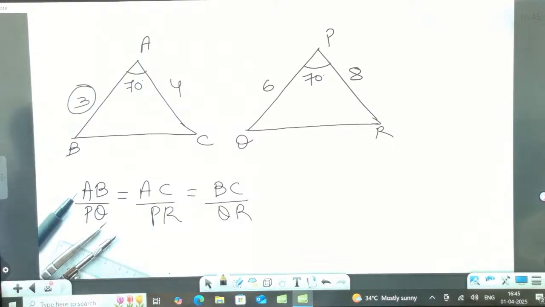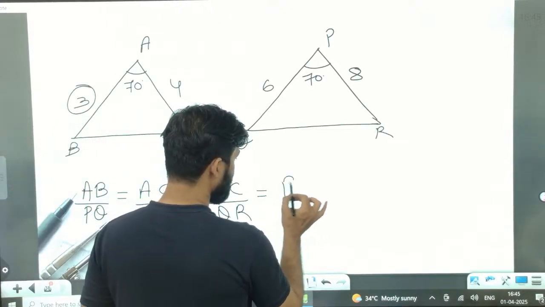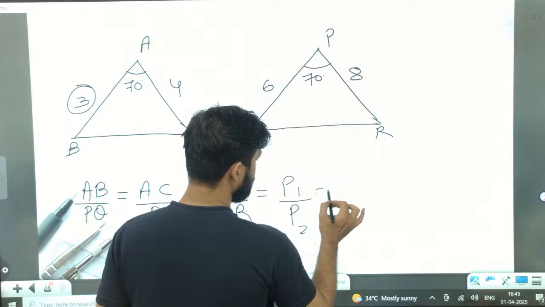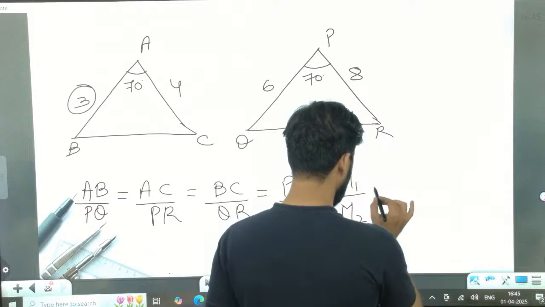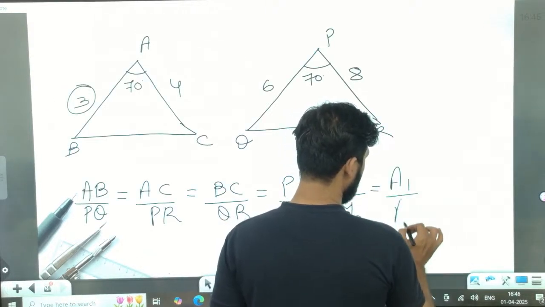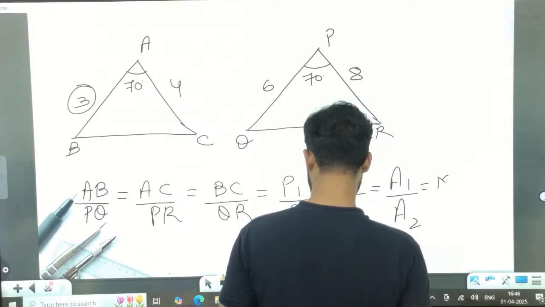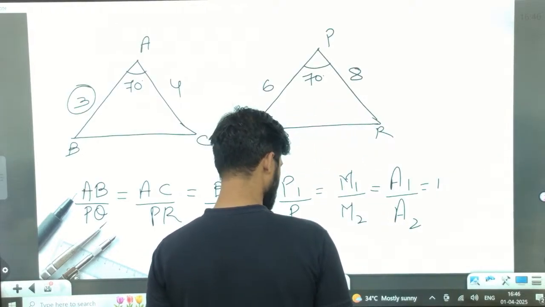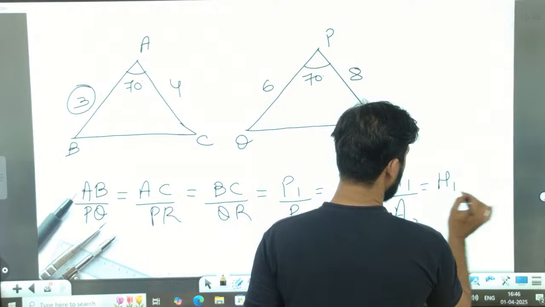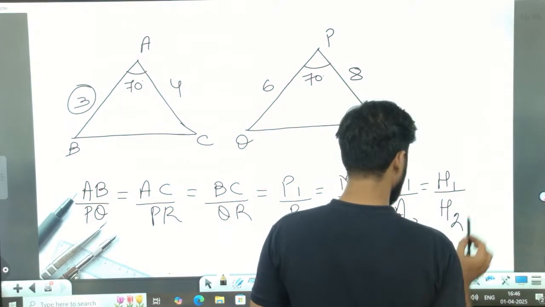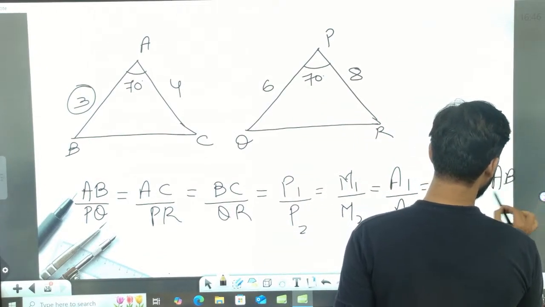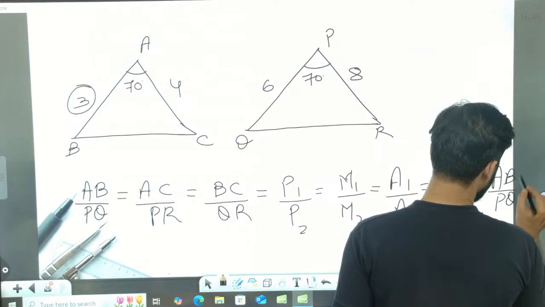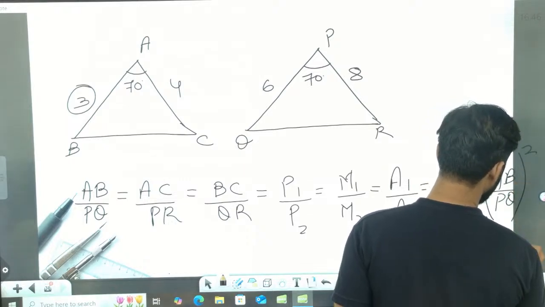Write it in your notebooks: the ratio of the heights, then perimeter 1, perimeter 2, median 1, median 2, and altitude 1, altitude 2, height 1, height 2, and the last one is AB upon PQ square, that is area.